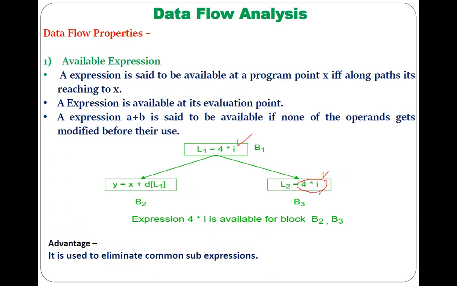And you can eliminate these when you know that the value of 4 and I is not getting changed when the 4 into I is coming from B1 to the B3.